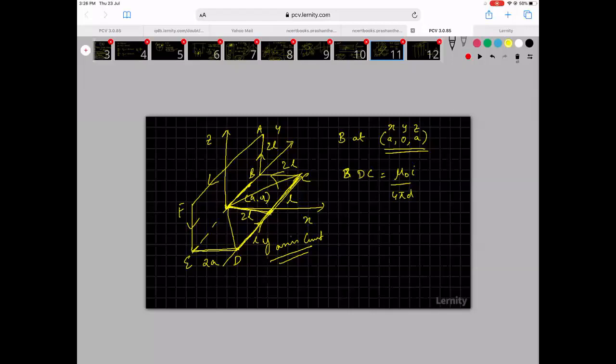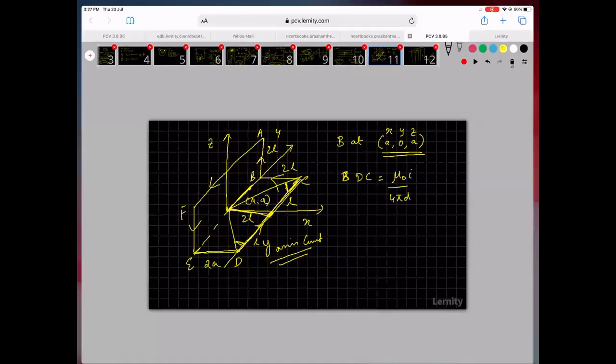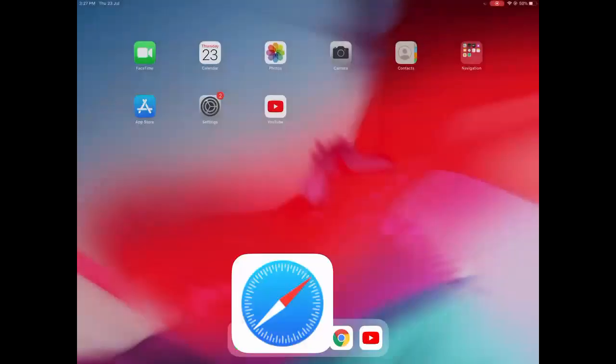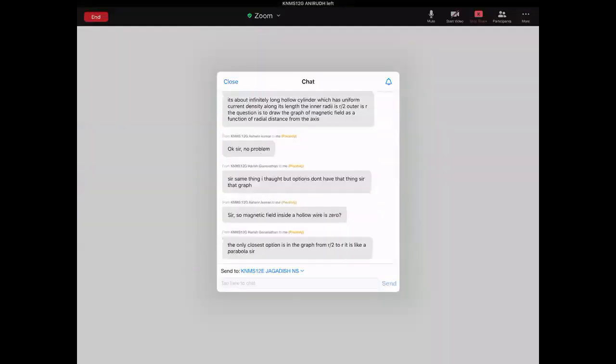This point here is... okay. You think a little and get me the angle. Once you get the angle, then it will come out right. Anyway, I'll do it. A little peace of mind is all that I need. The 2-3 questions which I have not done, I will do. Don't worry. Yeah, magnetic field inside the hollow is 0.